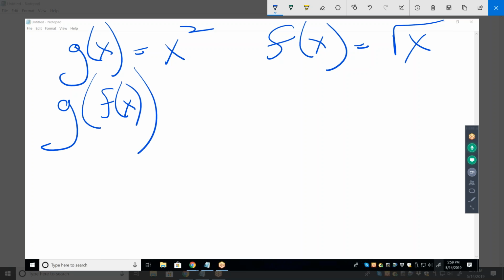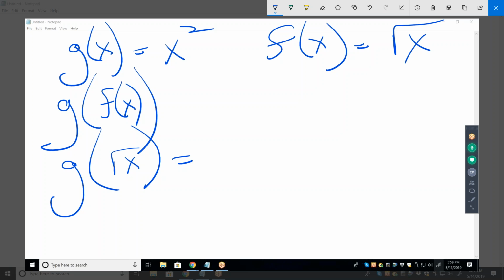But the way to really look at it is we want to go through this process. So what's that equal to? Root x. I substitute root x for f of x. Now plug that into the g of x function. So what do you get?